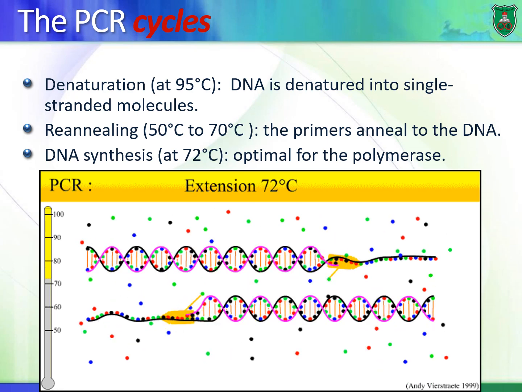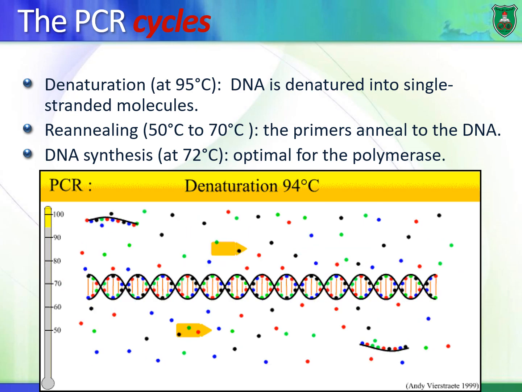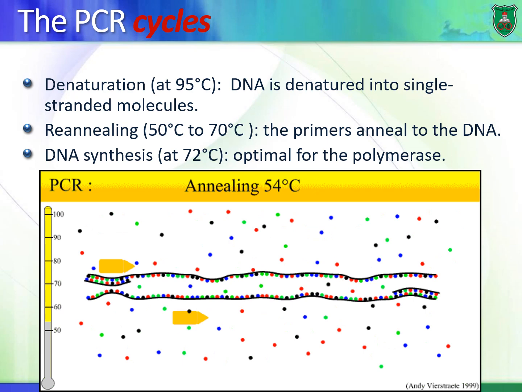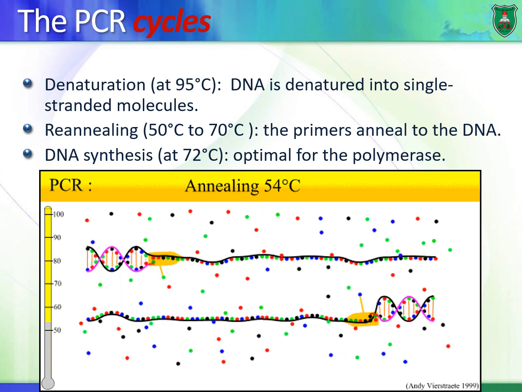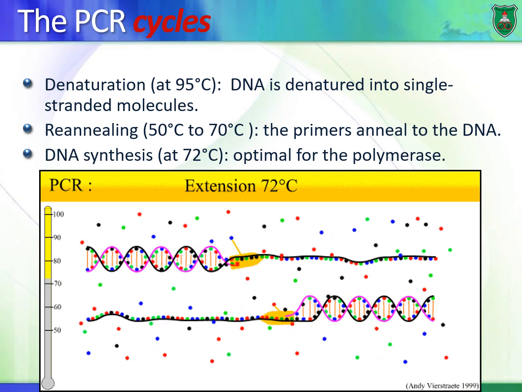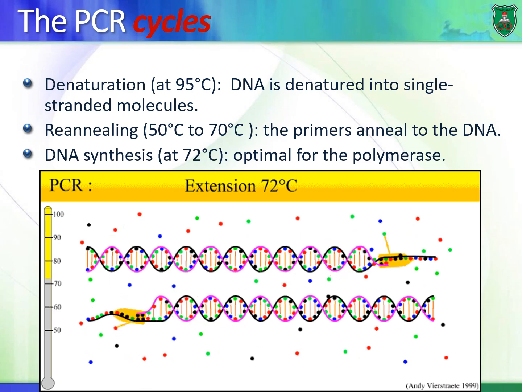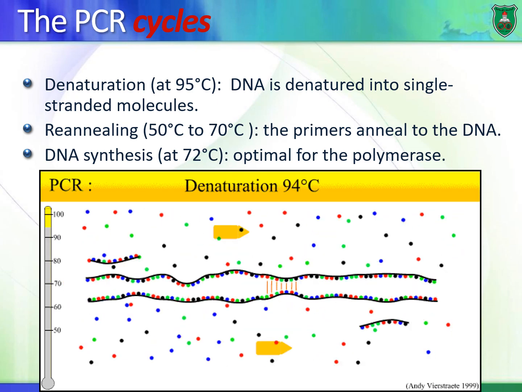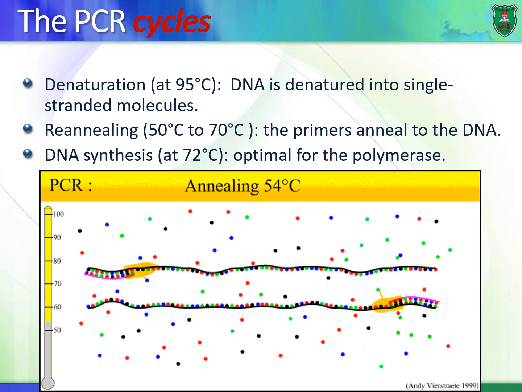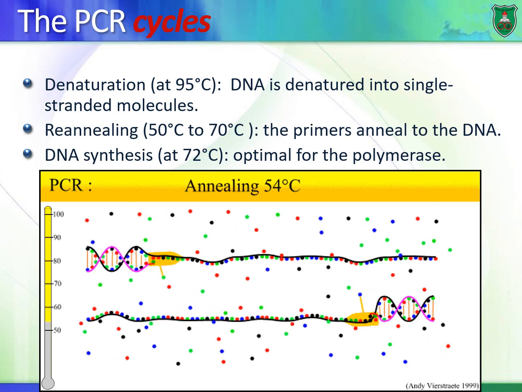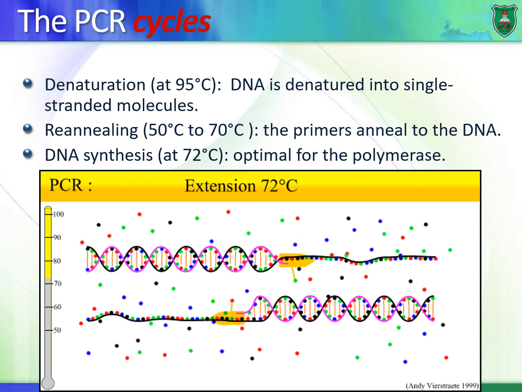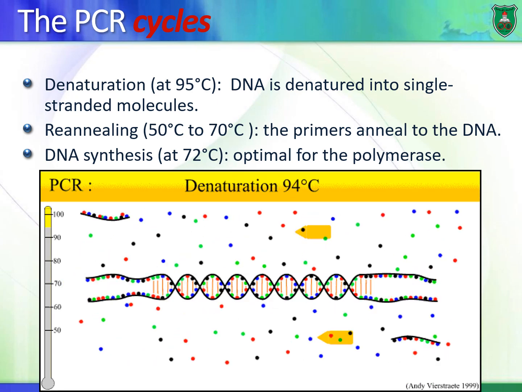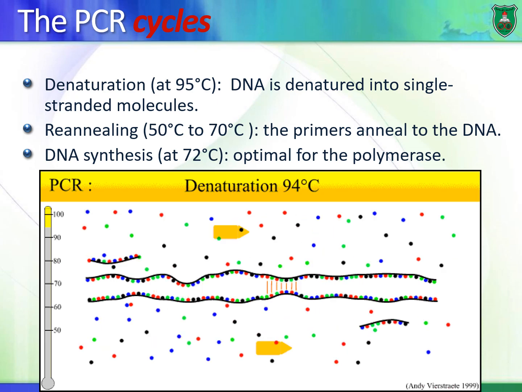This is followed by another step whereby the temperature goes down from 95 degrees all the way to 50 to 70 degrees. So it's variable. It's really a variable temperature depending on something that we'll talk about now. And then the temperature goes up to 72 degrees. This is the optimal temperature of the DNA polymerase.